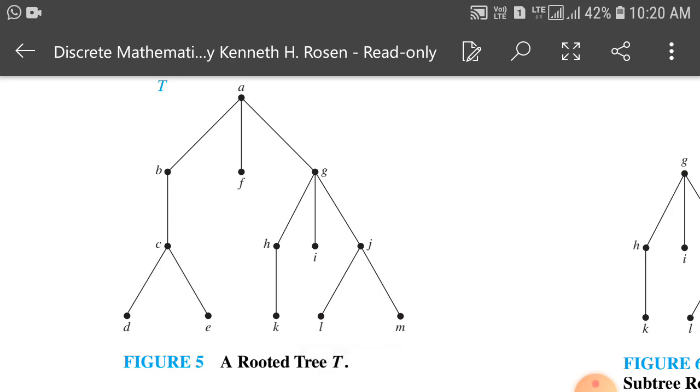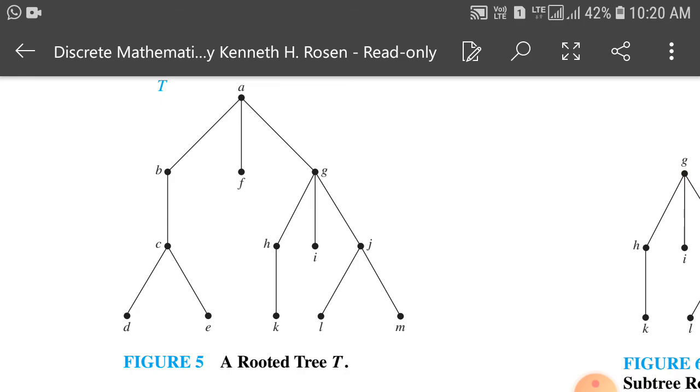Now observe in this graph, F is a leaf because there is no descendant for it. D has no descendant, so D is called a leaf. Of course, E, K, I, L, M are also leaves. A leaf is a vertex with no descendant.